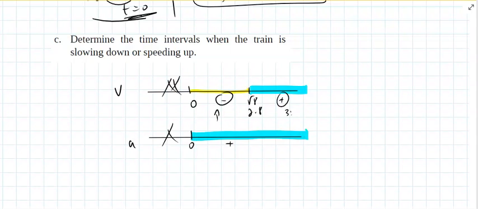So wherever they're different, we're slowing down. We're slowing down from 0 to 2.8 hours. Hours or seconds? I forgot.